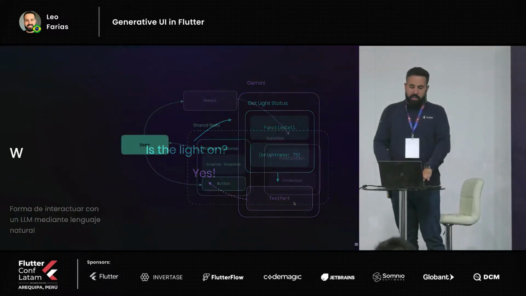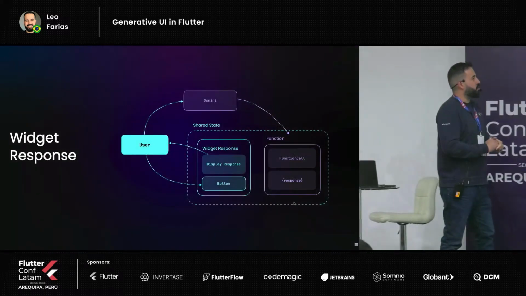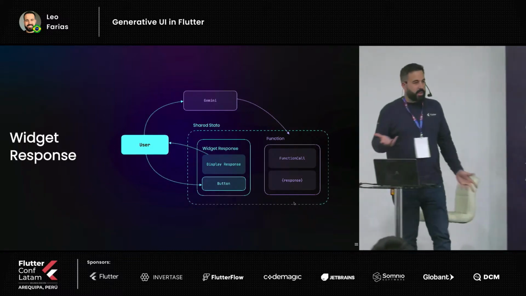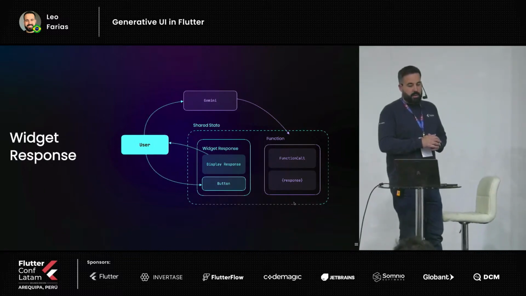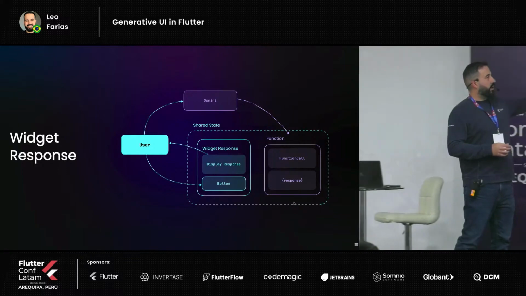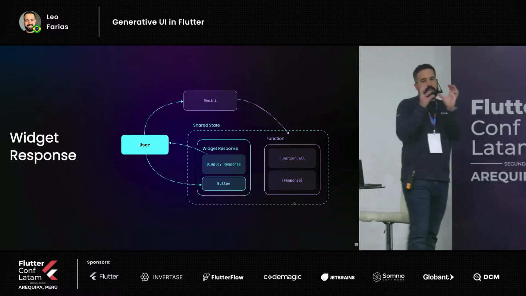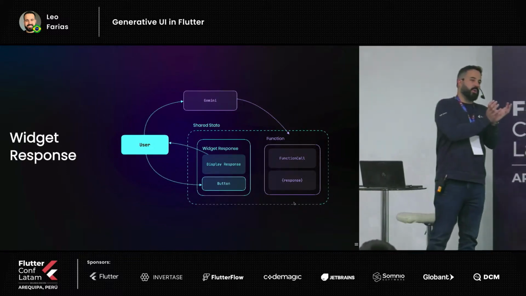But we are talking about generative UI. So I came up with a new concept. Instead of text responses, everything in Flutter is a widget. Let's call it widget responses. And I want to do something a little bit different this time around. I want Gemini to call the function, but I would like to share the state of the function in a widget that I can interact with.